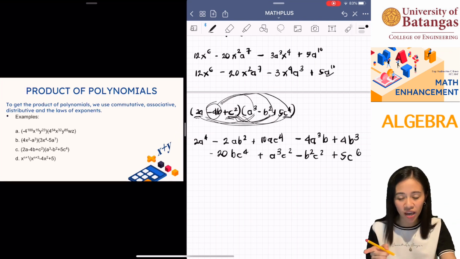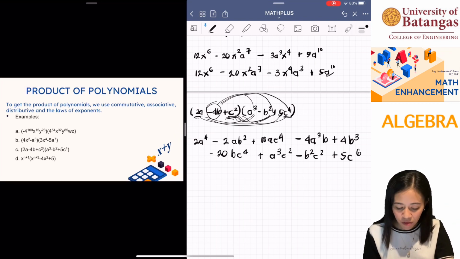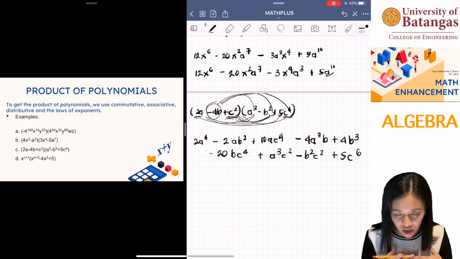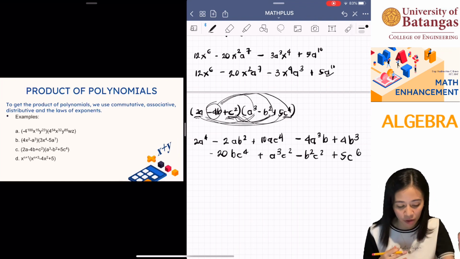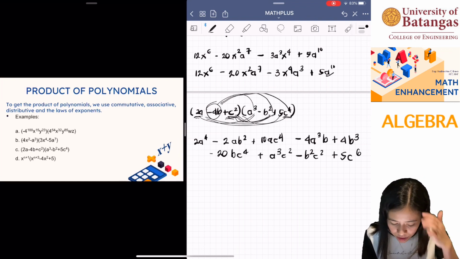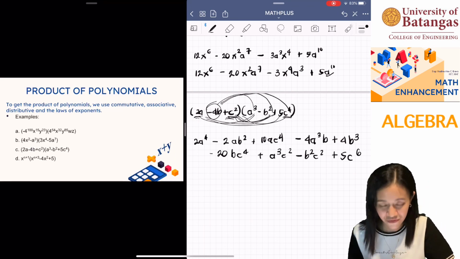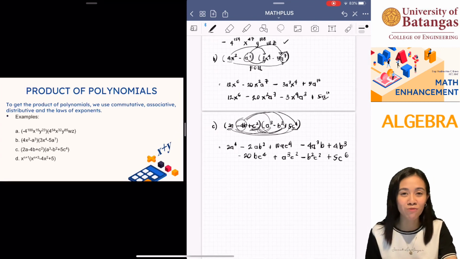And then you check if your answer has terms that you can simplify, or similar terms that you can add or subtract, because the instruction is only to multiply. So, you have ab squared, ac to the fourth, a cubed b. I think there are none. So, this is our answer. Just write it neatly.